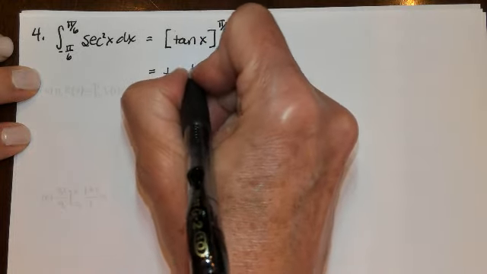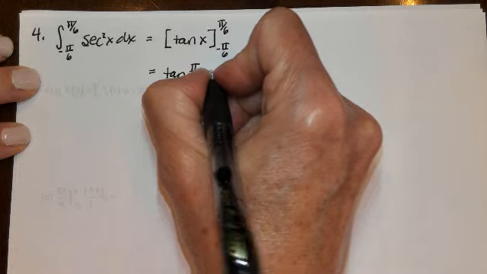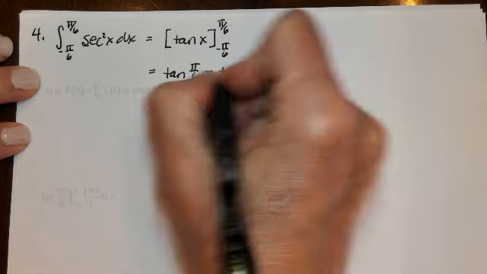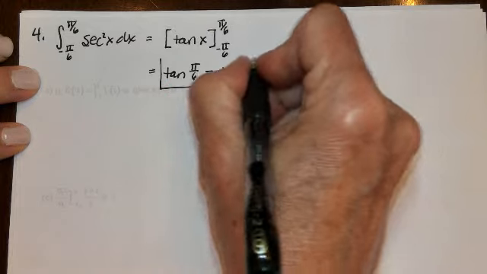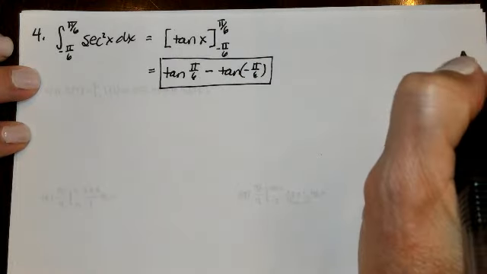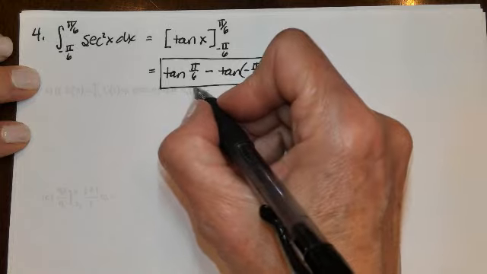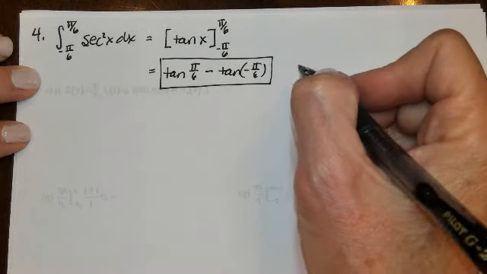That will give us tangent pi over 6 minus tangent negative pi over 6. And if this was a free response question, that would be a safe stop spot. Anything that you can put into a scientific calculator is a safe stop spot.